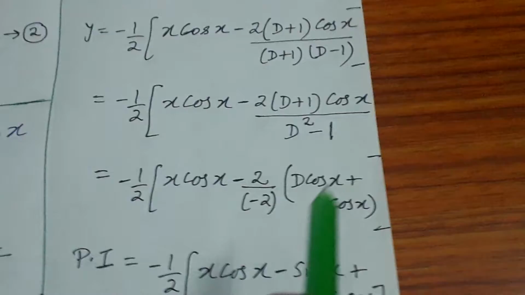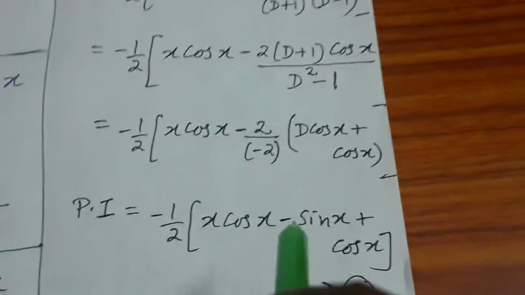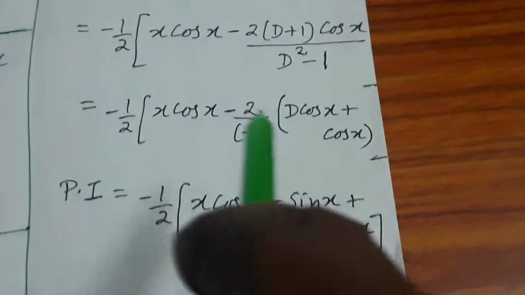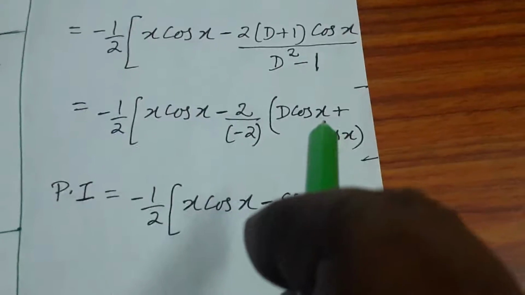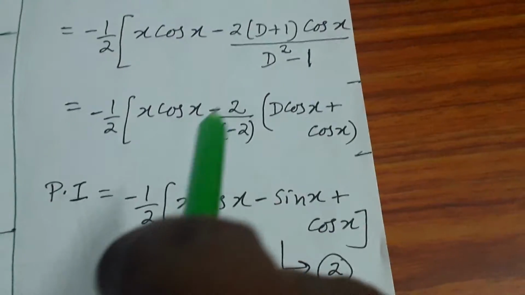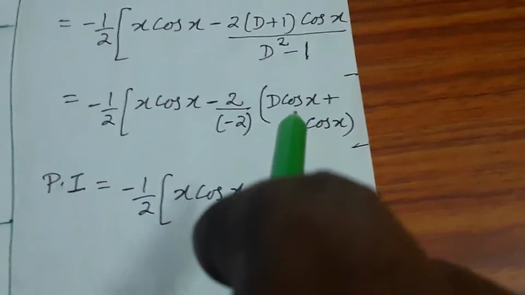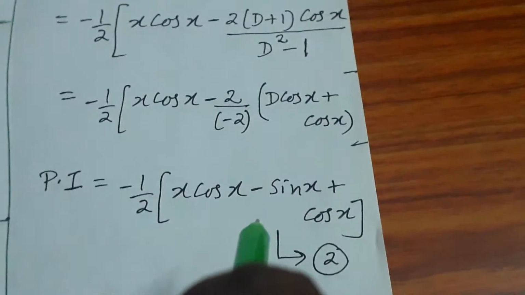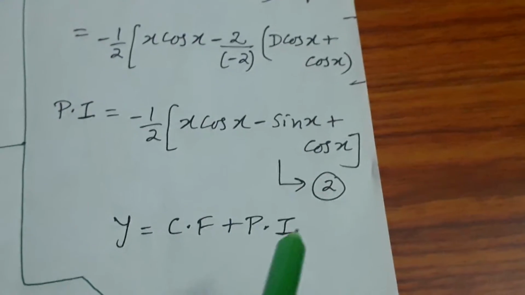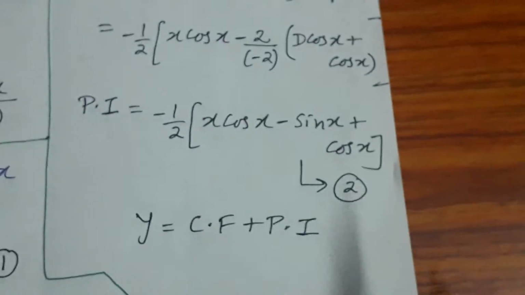Differentiation of cos x is minus sin x, so the 2 will get cancelled. Minus, differential of cos x is minus sin x, plus cos x. Understood? So the final answer is the complementary function plus the particular integral, equation 1 plus equation 2.